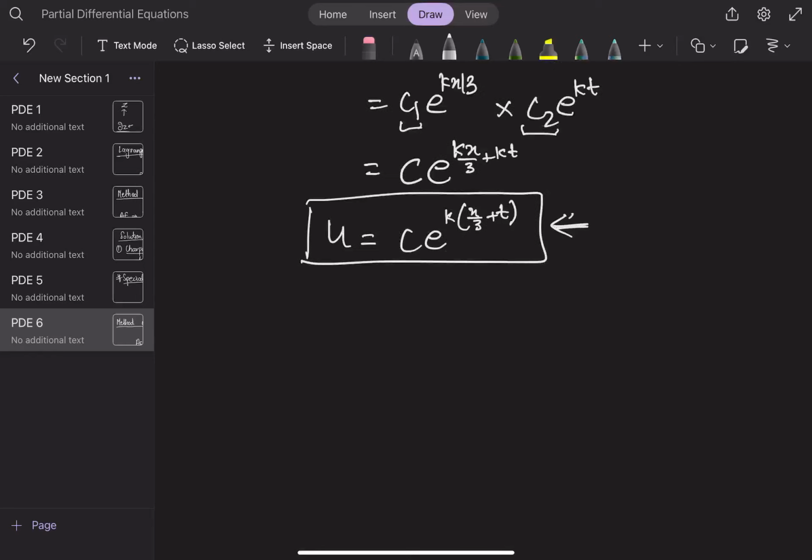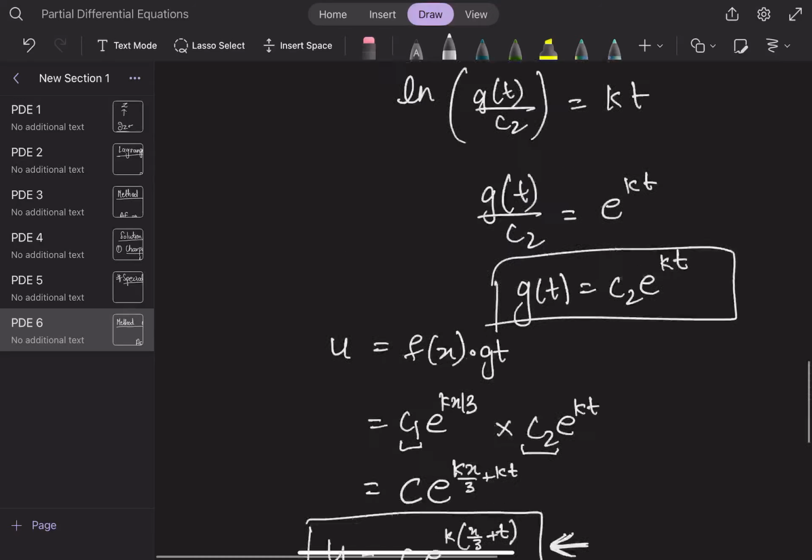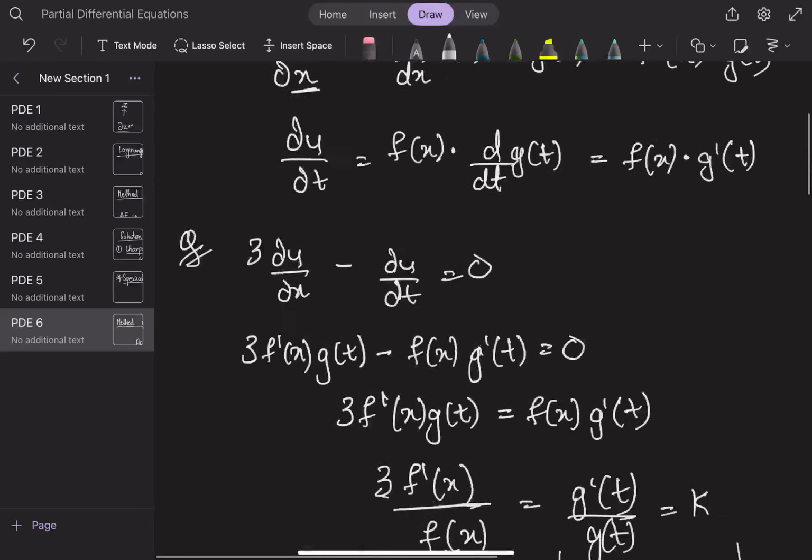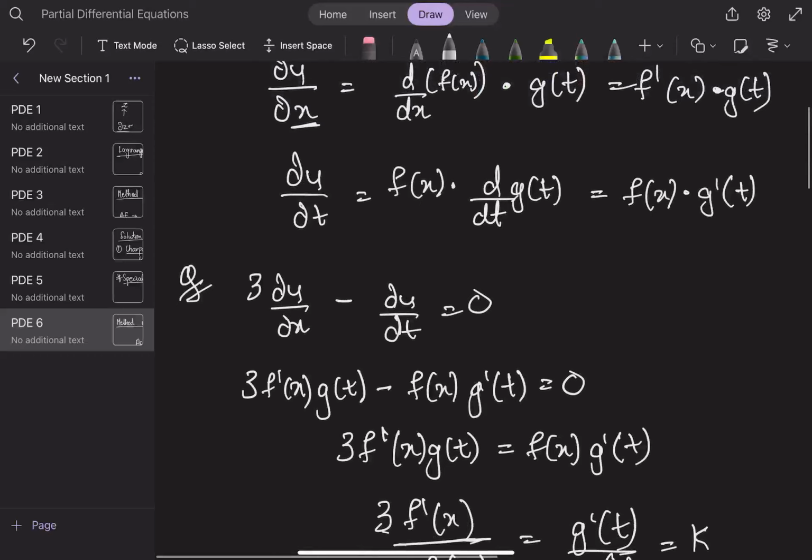So this is your answer, except if in the question you are given some initial condition, then you have to find out the value of c as well. For example, in this question, we were actually given a condition. I haven't written it. So you are given that u(0, t) is equal to 5 e raised to minus t. This is an initial condition that is already given in the question.